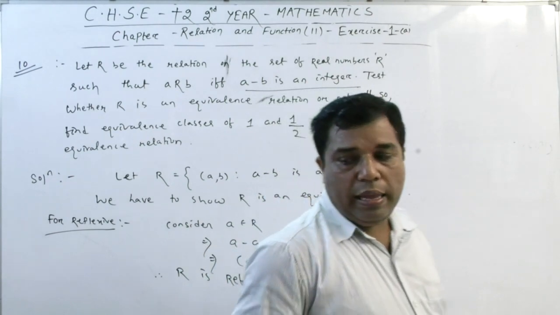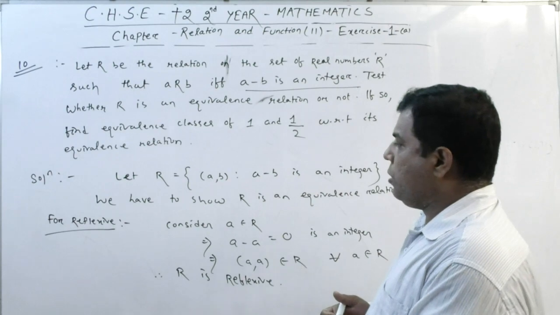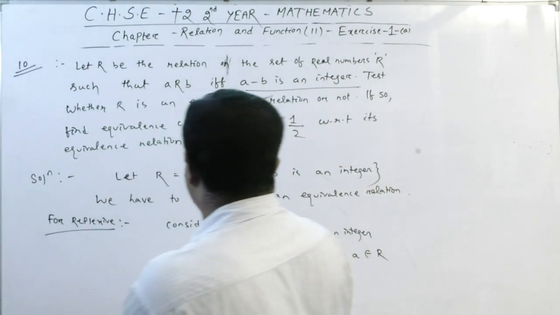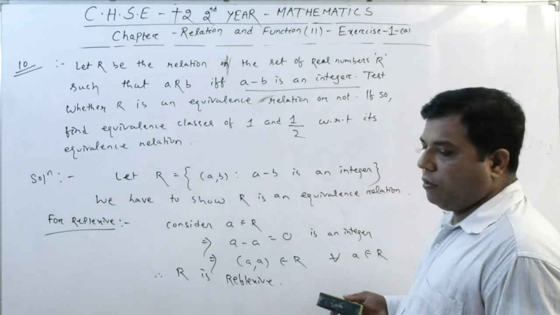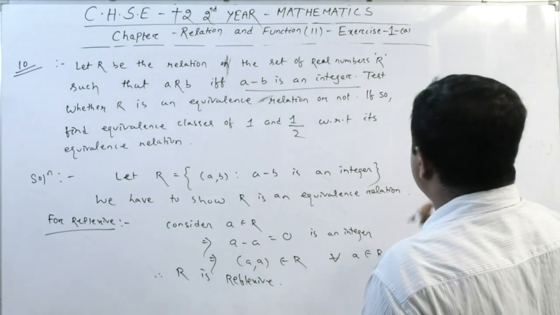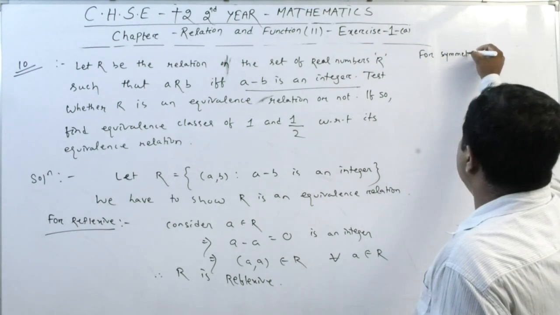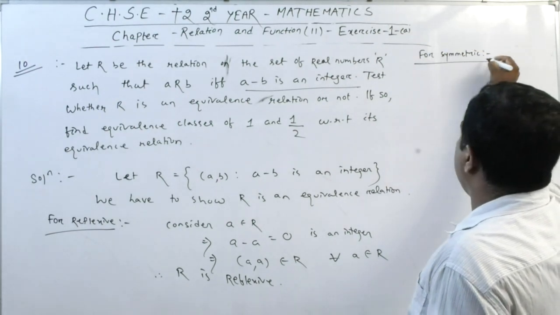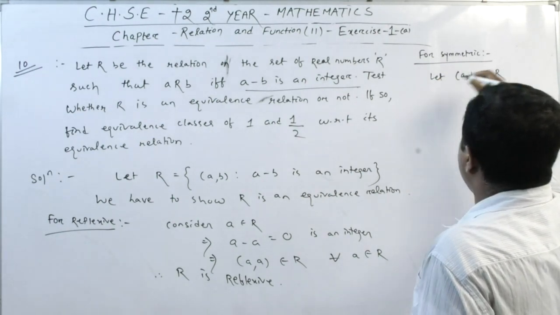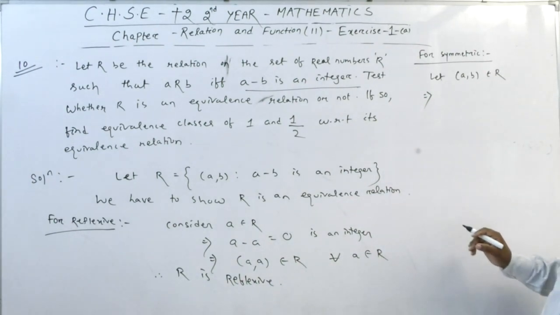Next, we will go for the symmetric nature. We see whether the relation is symmetric or not. So I am doing it here for symmetric. Let the ordered pair (a, b) belong to R. What does it mean?